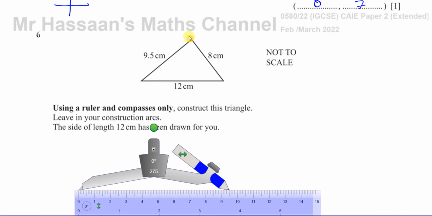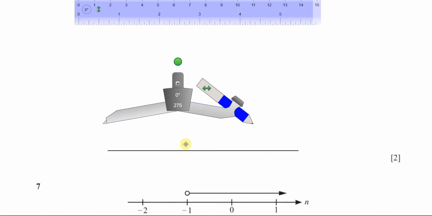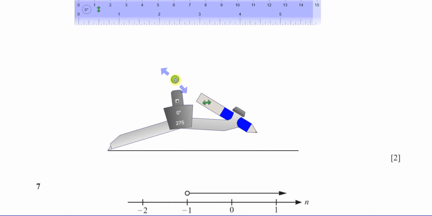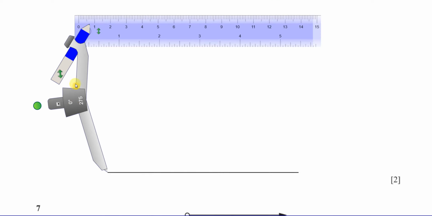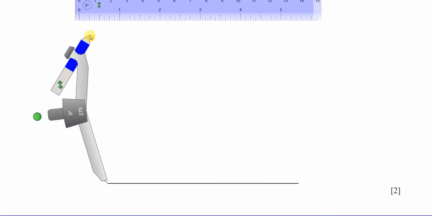So I know that this point, where the other 2 sides of the triangle meet, is exactly 9.5 centimeters away from this end of the triangle. So if I put the compass point exactly on this end of the triangle and rotate it around, this pencil and that point are exactly 9.5 centimeters away from each other.